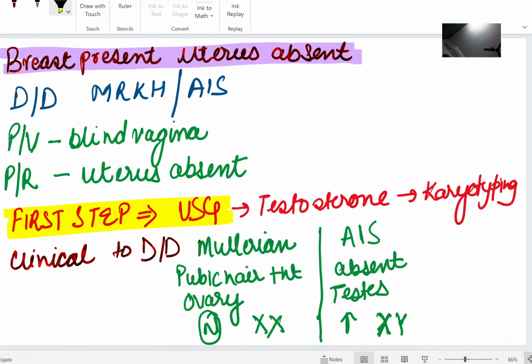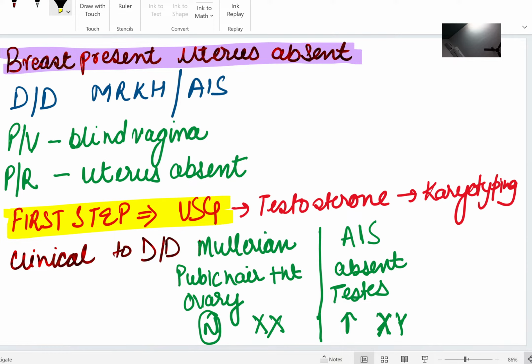androgen insensitivity syndrome. So in MRKH, why is the breast present? Because everything is normal in MRKH, only the uterus is absent. And why is there breast in androgen insensitivity syndrome?